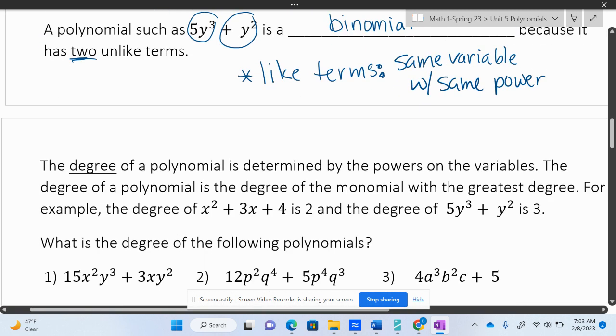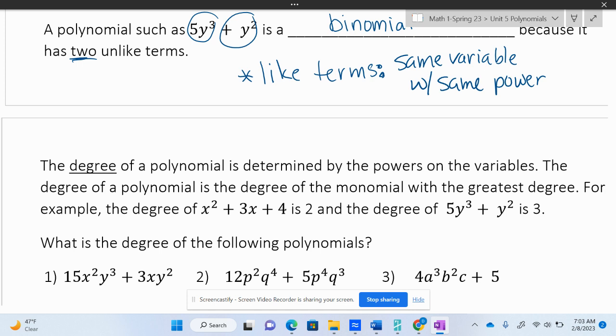All right, so the degree of a polynomial is determined by the powers on the variables. So the degree of a polynomial is the degree of the monomial in the polynomial, so the term in the polynomial with the largest degree. So if I were to look at each one of these terms, this variable has an exponent of 2, so this monomial is degree 2.